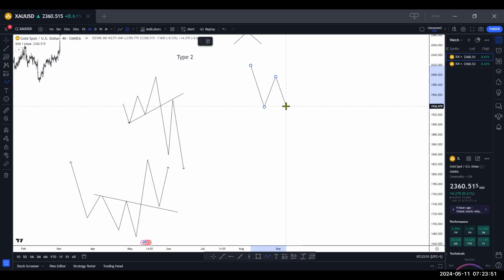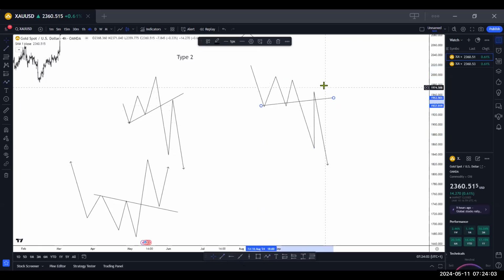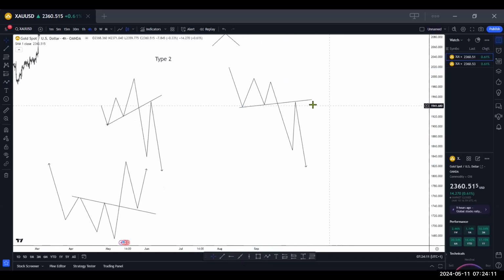Then we had a breakout, retrace and went down. So this is a sell setup. First touch, second touch, entry. This is your entry. First touch, second touch, entry.